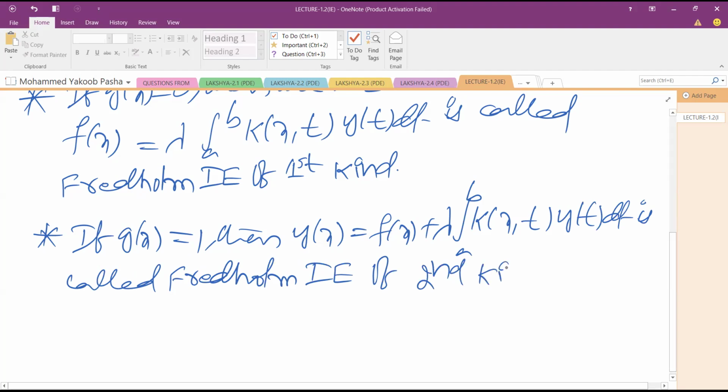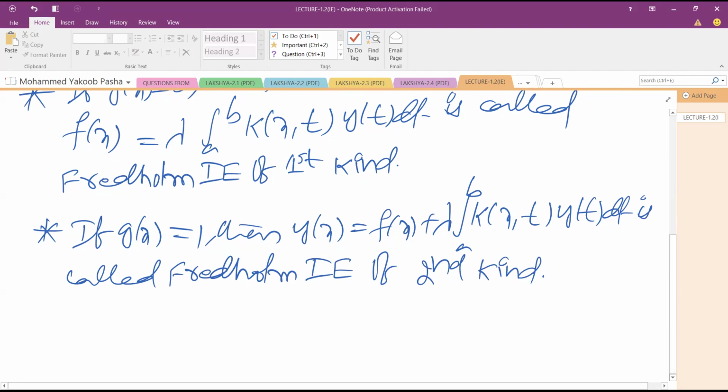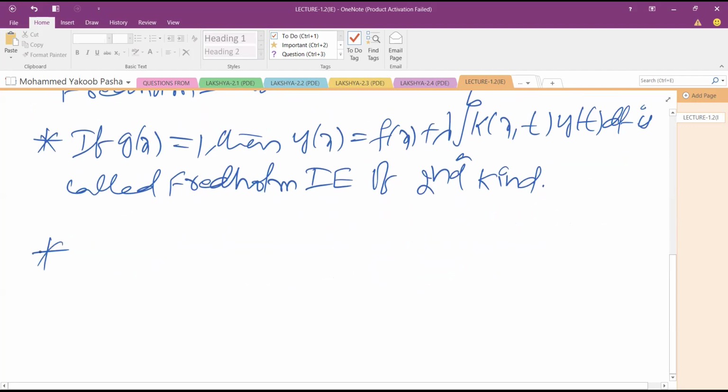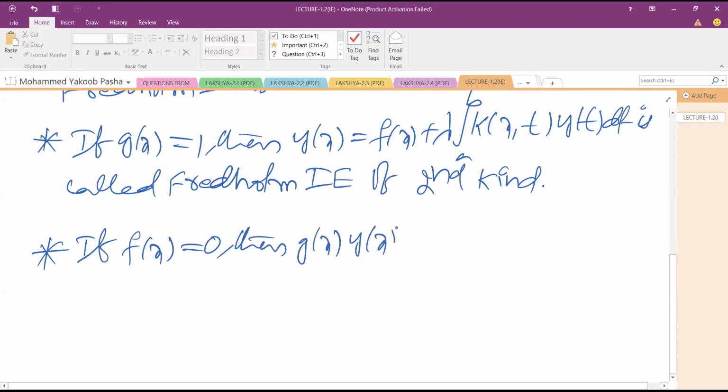Now this Fredholm integral equation is said to be homogeneous whenever f(x) is 0. Then the integral equation becomes g(x) y(x) = lambda integral a to b of k(x, t) y(t) dt.